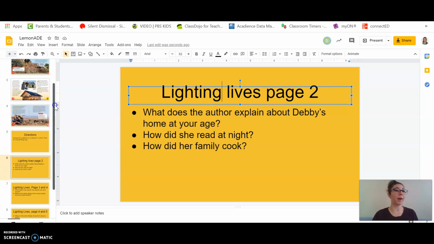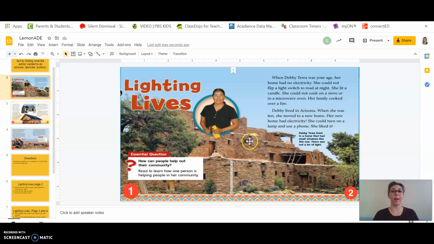I need to go back up to Lighting Lives and find the number page 2, which is this page. It says, when Debbie Tiwa was your age, her home had no electricity. She could not flip a light switch to read at night. She lit a candle. She could not cook on a stove or in a microwave oven. Her family cooked over a fire.